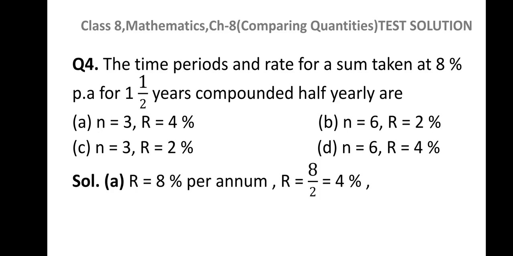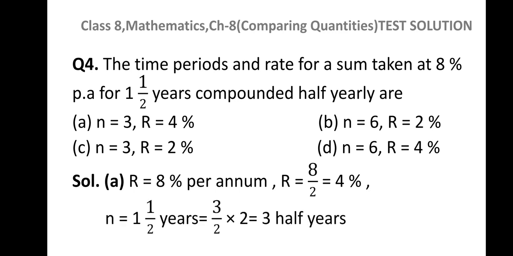And if I multiply the time, first of all, I will solve it. It will be 1.5 years, that is 3 by 2, and I need to multiply it by 2, so it will be 3 years. So, the option A is correct, where it is written n is equal to 3, r is equal to 4% per half year, that is compounded half yearly.